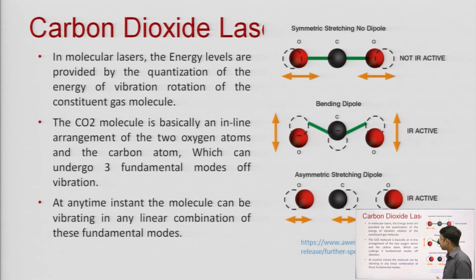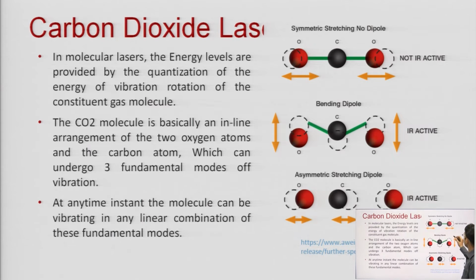At any given time, a CO2 molecule can be vibrating in any linear combination of these fundamental modes, but basically there are three modes: symmetric, asymmetric and bending, that are shown in this diagram.